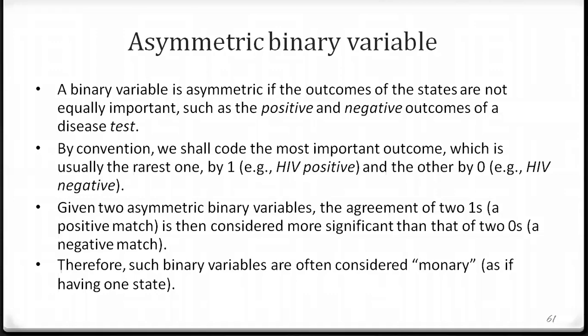The agreement of 2 ones is a positive match, but 2 zeros is a negative match. These variables are called monary, as they have only one state. I mean either they have 2 ones or 2 zeros. So these two states are called monary.